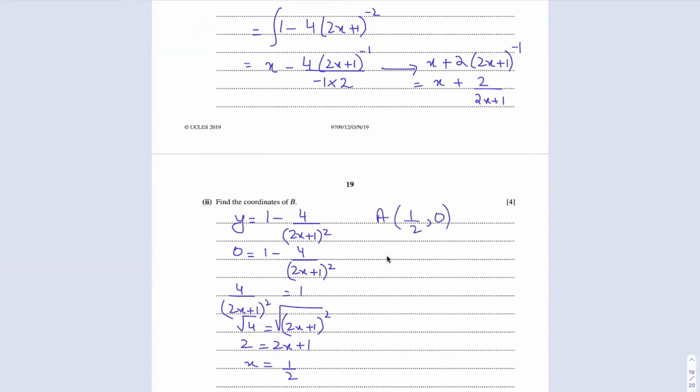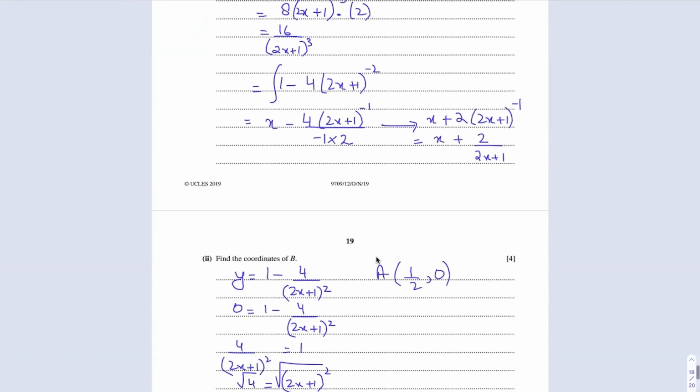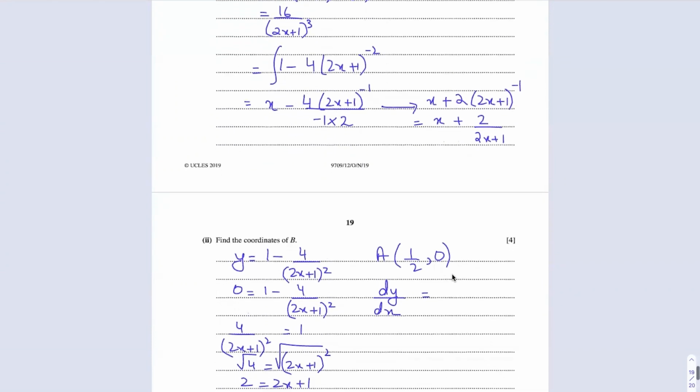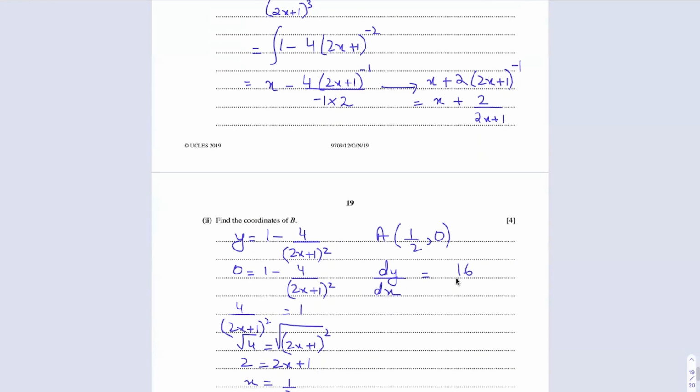So the coordinates of A are (1 upon 2, 0). Now first we'll find the gradient at point A, and then we'll take the negative reciprocal as B is on the normal at A. So dy/dx at point A will be, we know that dy/dx is 16 upon (2x + 1) whole cube. So this will become 16 upon (2 into half plus 1) whole cube.